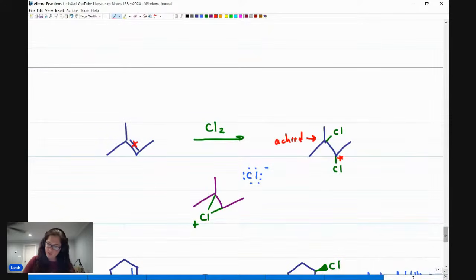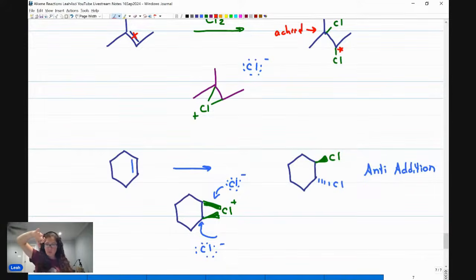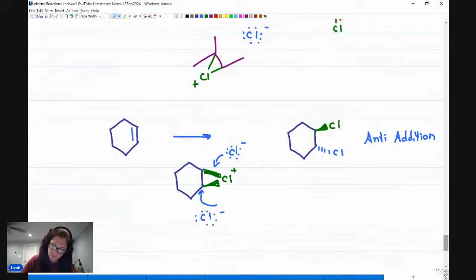But in the case of the ring, we definitely have to show opposites, and I could show the first one on top, second one on bottom, or I could have shown it the other way. So I would have gotten the enantiomer as well. I'll just write plus enantiomer, so you know you would have had a second one there.